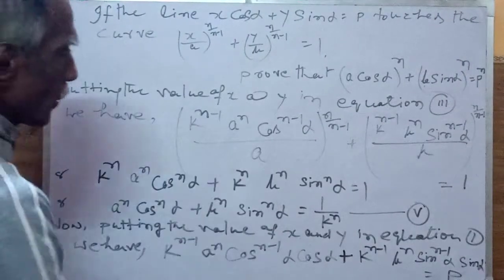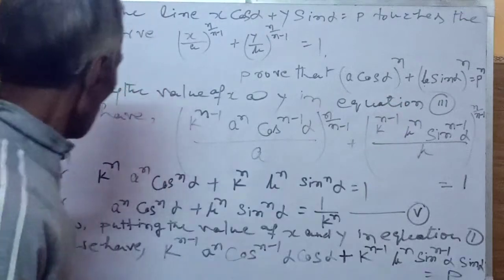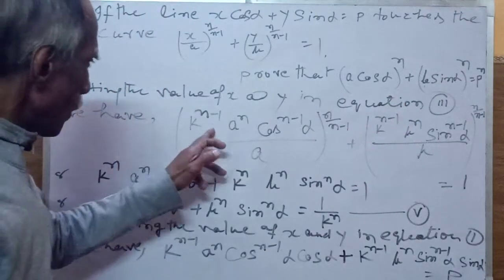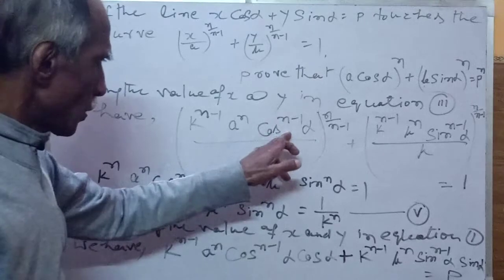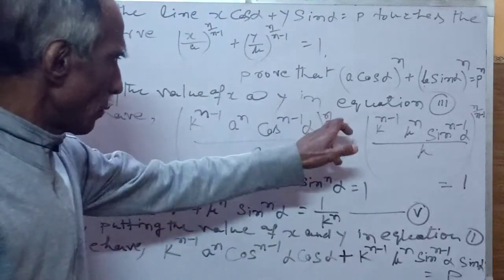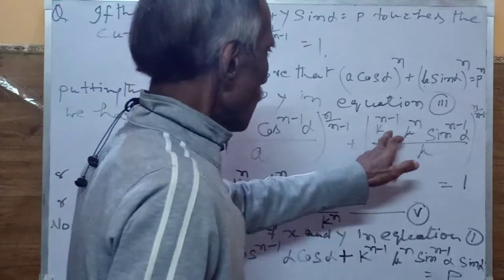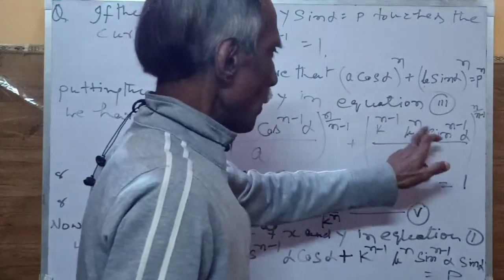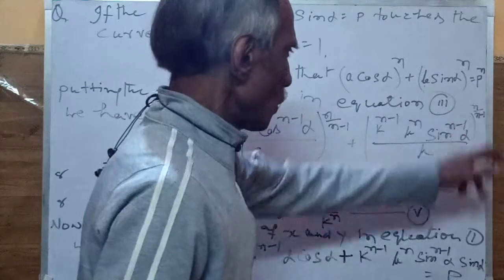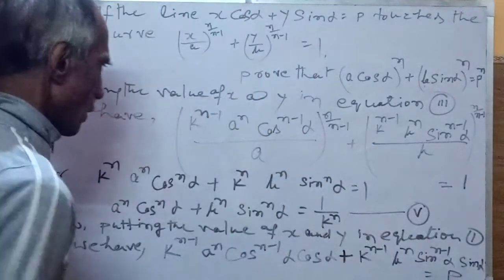Putting the value of x and y in equation 3, we have (k^(n-1) a^n cos^(n-1) alpha)^(n/(n-1)) by a, and similarly plus (k^(n-1) b^n sin^(n-1) alpha)^(n/(n-1)) by b, is equal to 1.